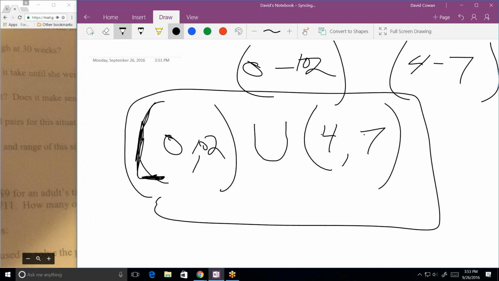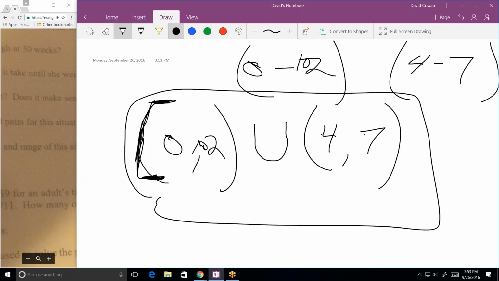If it can be 0, then you want a bracket. It actually can never be 102. At 102, she's dead. She weighs nothing. So theoretically, it could be any number between 0 and 102, but not 102. So I use a parentheses there.